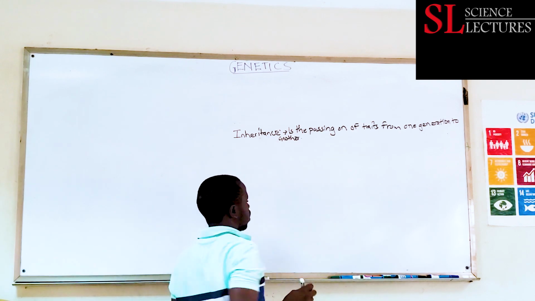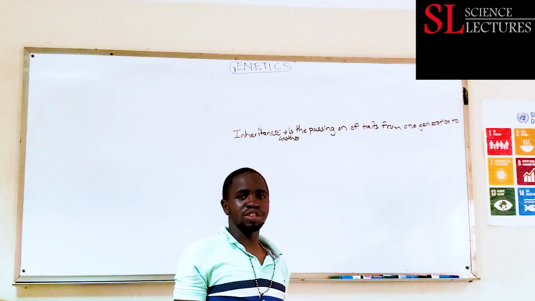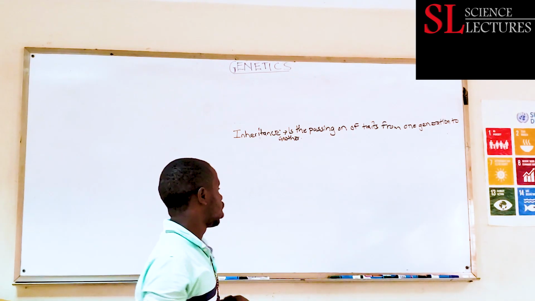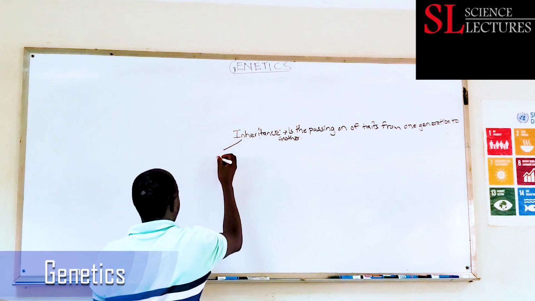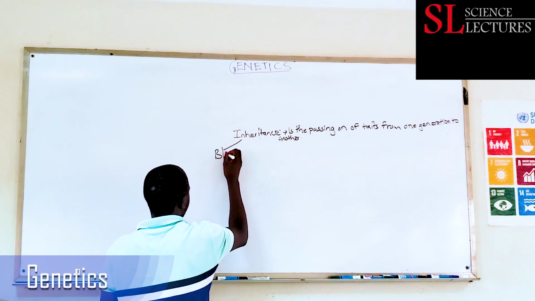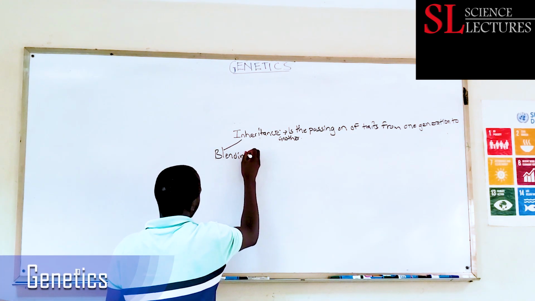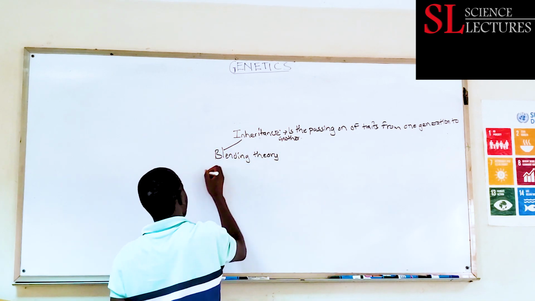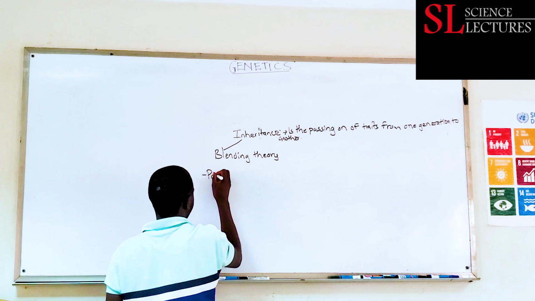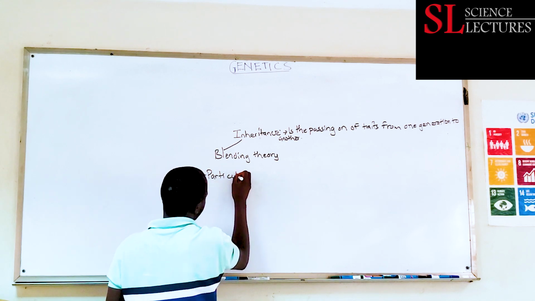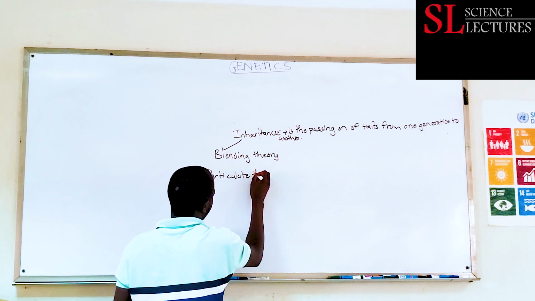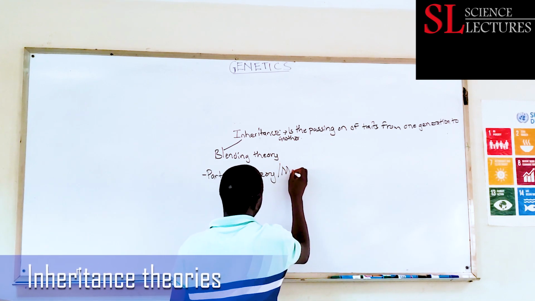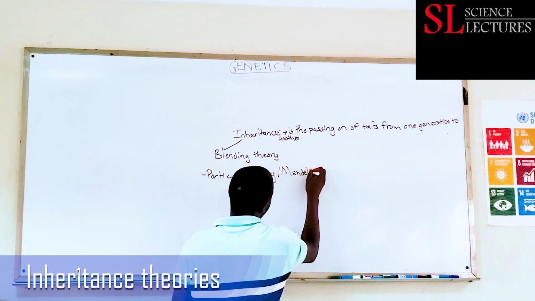There were some theories that were postulated to explain inheritance. The first theory is called the blending theory of inheritance. The second theory is called the particulate theory of inheritance, or famously known as the Mendelian theory of inheritance.